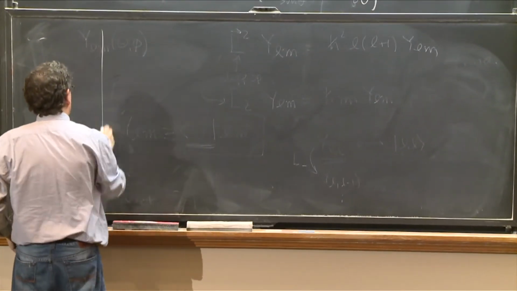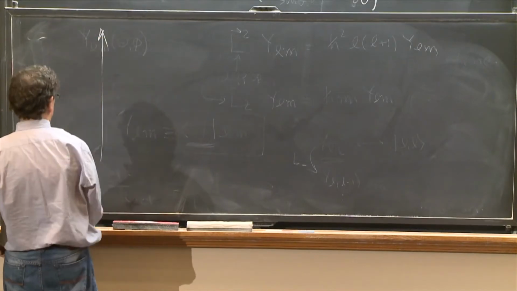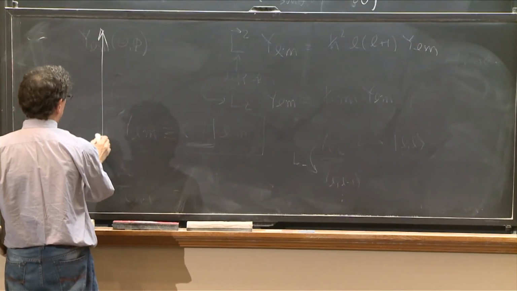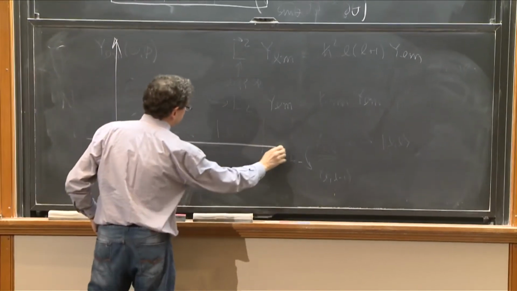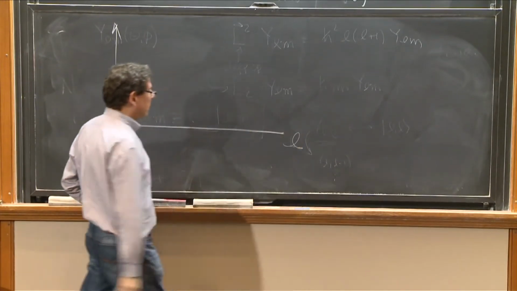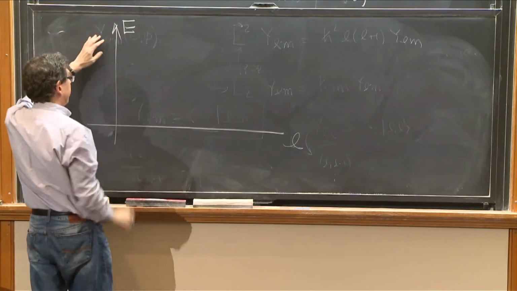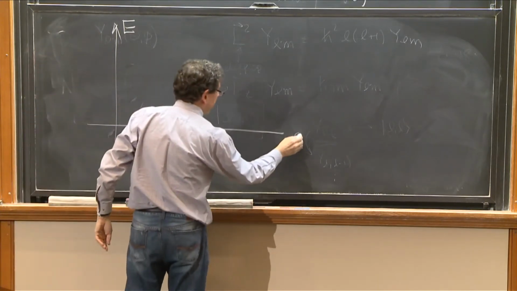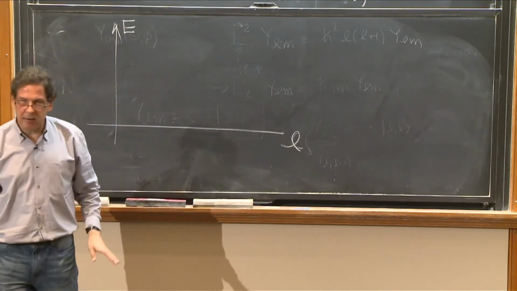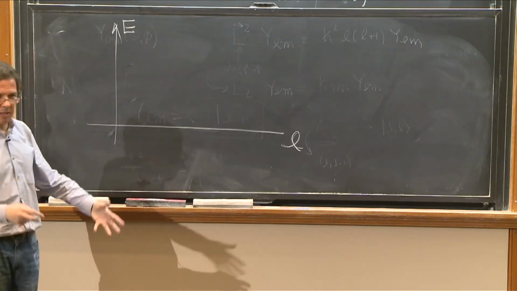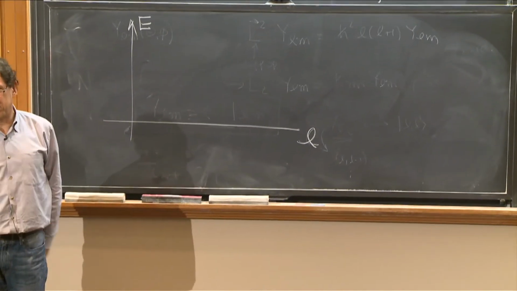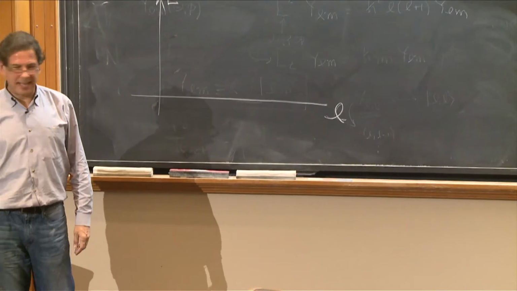When you want to organize the spectrum, you'll draw the following diagram. Energies here, and L here. And it's a funny kind of diagram. It's not like a curve or a plot. It's like a histogram or a kind of thing like that.